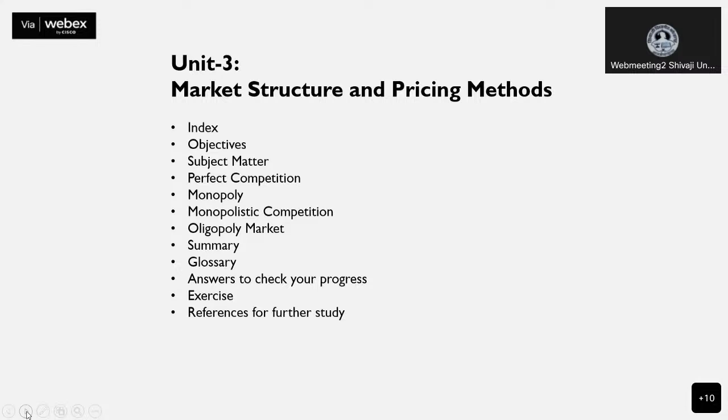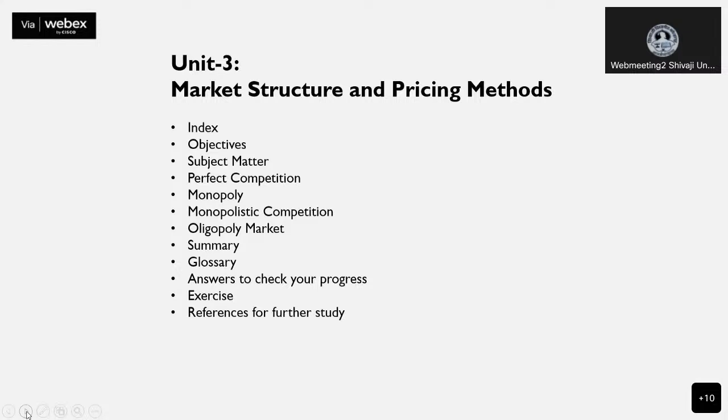Try to keep your self-learning material open in front of you so that simultaneously you can observe these terminologies in your book. First thing is the index, then objectives, subject matter, then the concept of perfect competition.